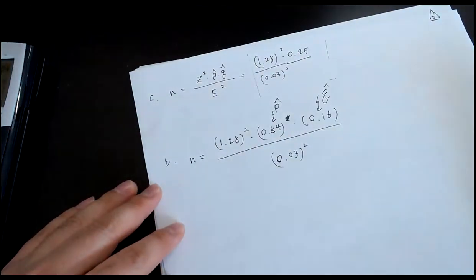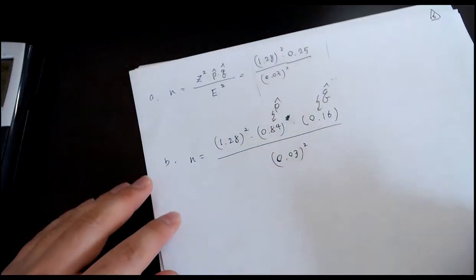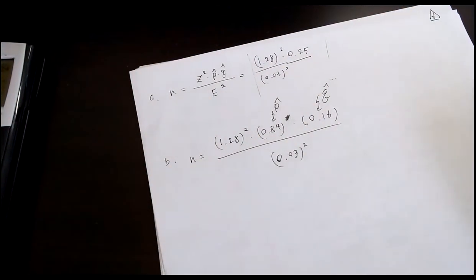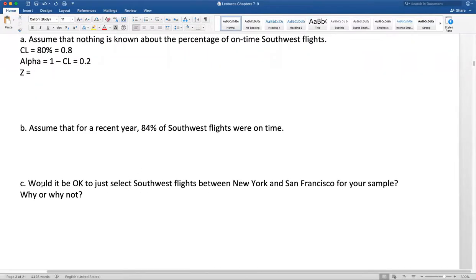And then C: would it be okay to just select the Southwest flights between New York and San Francisco for your sample? The answer is no. Keep in mind that the sample must always be selected randomly.